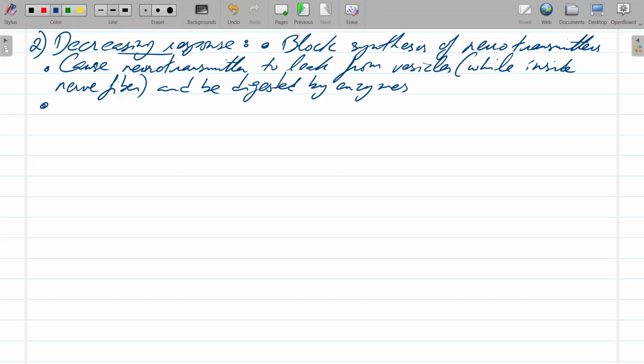Then they prevent the release of the neurotransmitters. And finally, they block the receptors and prevent the neurotransmitters from binding.